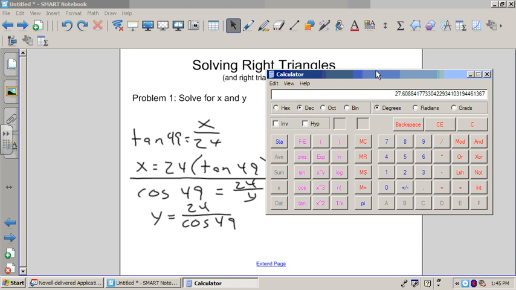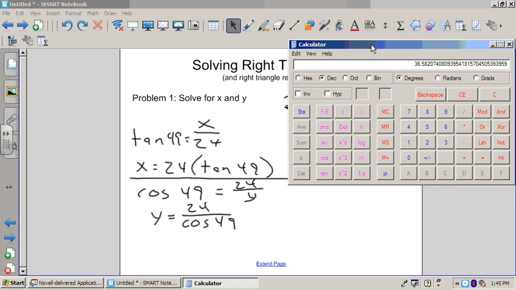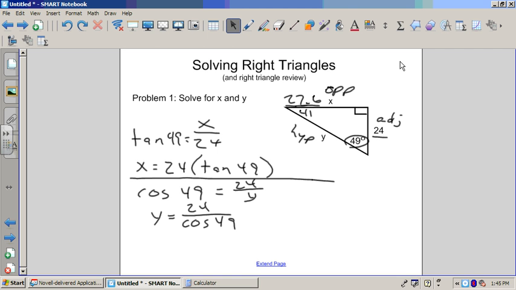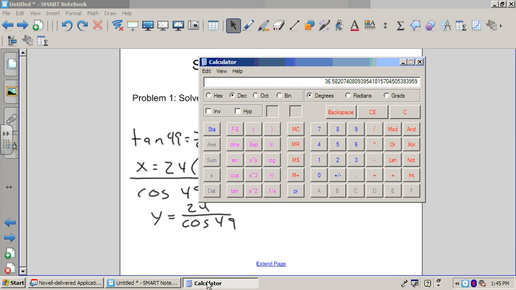I don't know. Let's find out. 24 divided by the cosine of 49. Approximately 36.6. So y is approximately equal to 36.6.